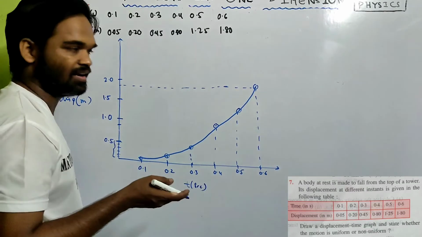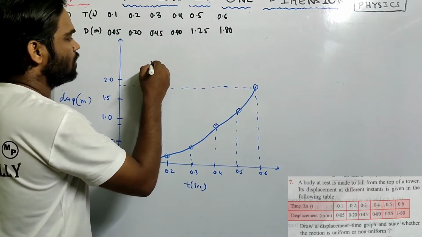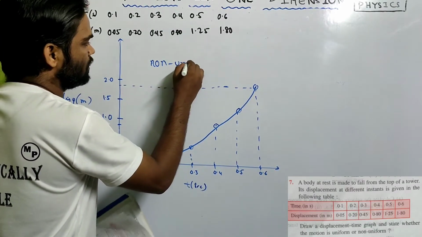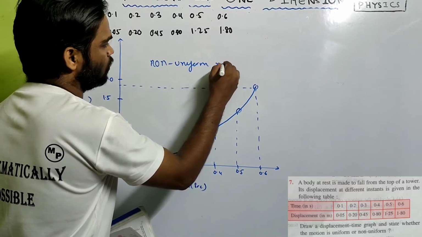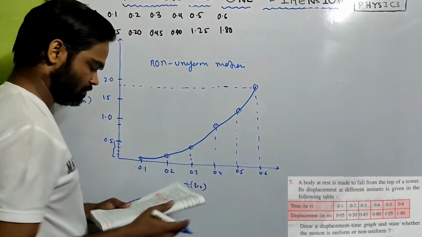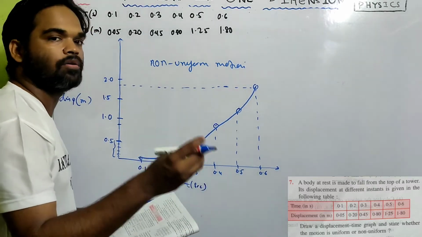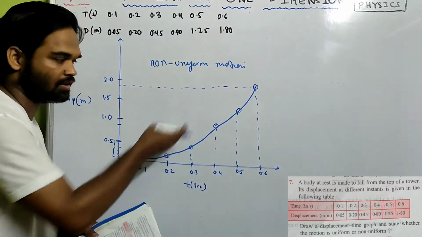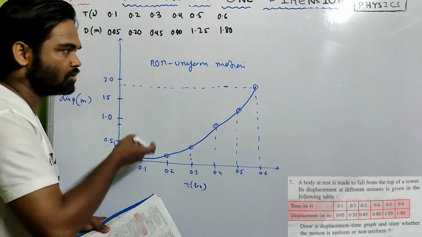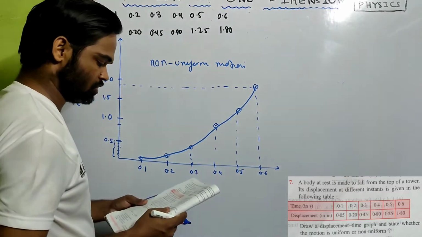We don't get a straight line, which means this is a non-uniform motion. What have they asked? Whether the motion is uniform or non-uniform. Since we didn't get a straight line, we get a curved line, so it's a non-uniform motion.